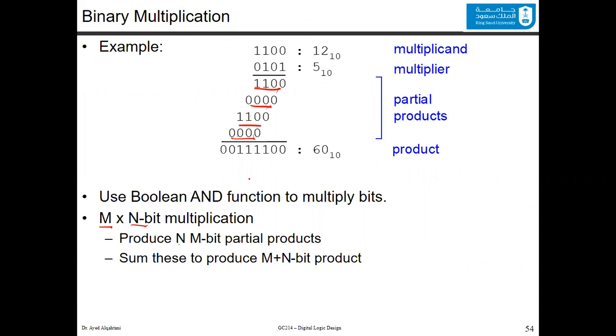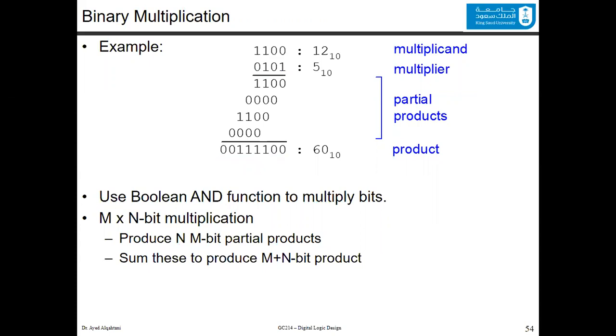The sum of these products, which is the final product, has m plus n bits, with a possible carry out. You can see here, you have 4 bits and another 4 bits. 4 plus 4 is 8, and you have 8 bits in the result.